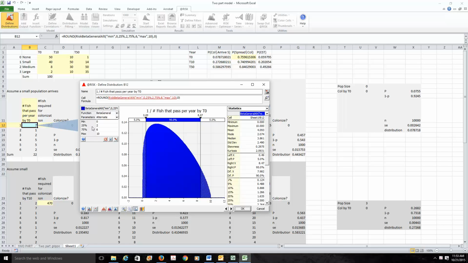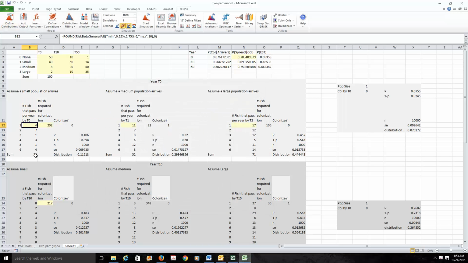And the 25th percentile is also a 0, and maybe this is a 2, or something like that. But these numbers here would be reduced. When these numbers are reduced, these sums will be reduced. This number would remain the same, but what would happen is the probability of colonization would be reduced. And so that's basically the way this model would work.